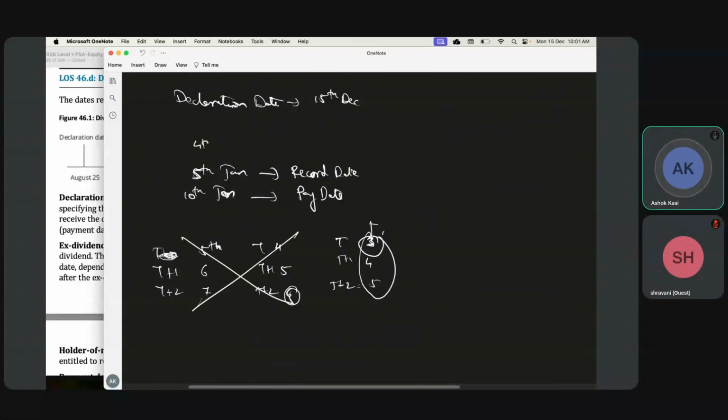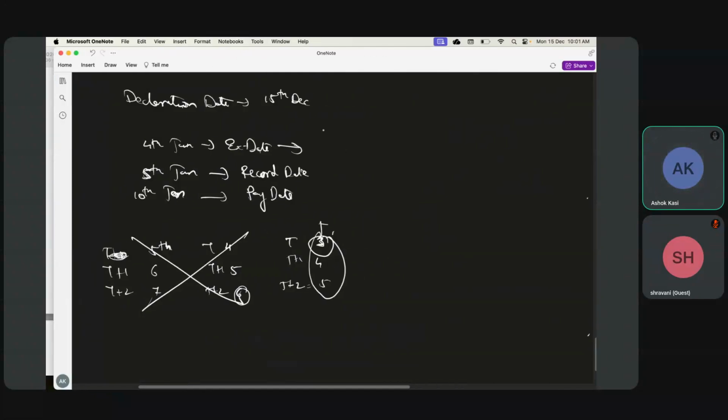So this 4th Jan is considered the ex-date or ex-dividend date. That means the date on or after which, if the buyer buys the stock, he will not be eligible for dividend.